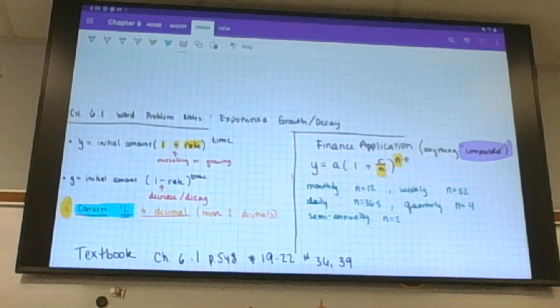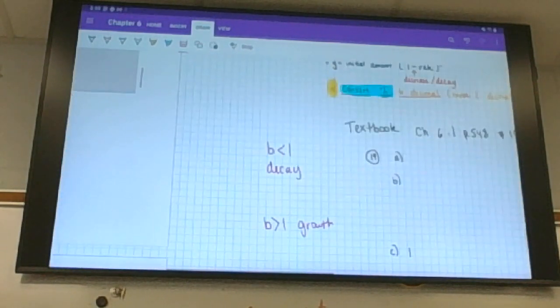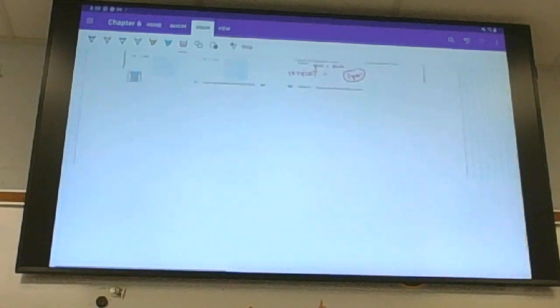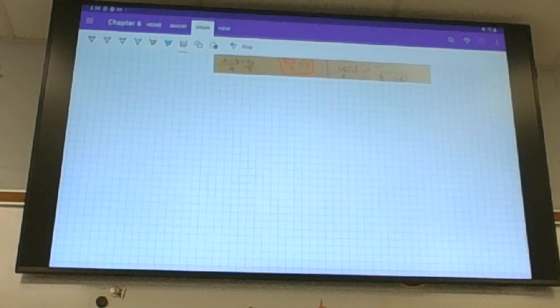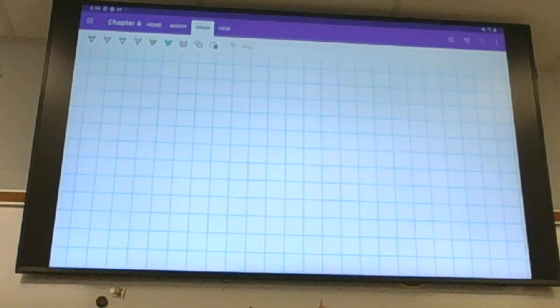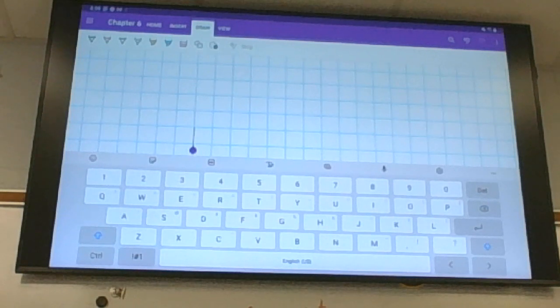Same section as yesterday, but we're doing 19 to 22, 36, and 39. You guys know our quiz is coming up. We just had a chapter test.